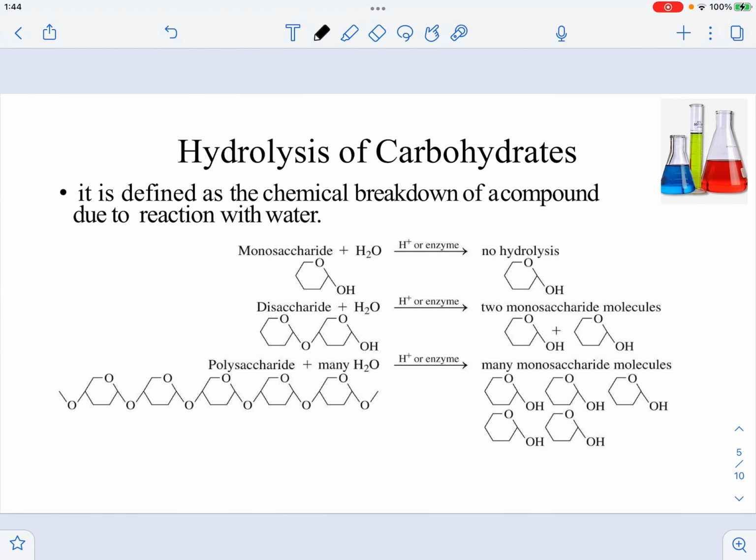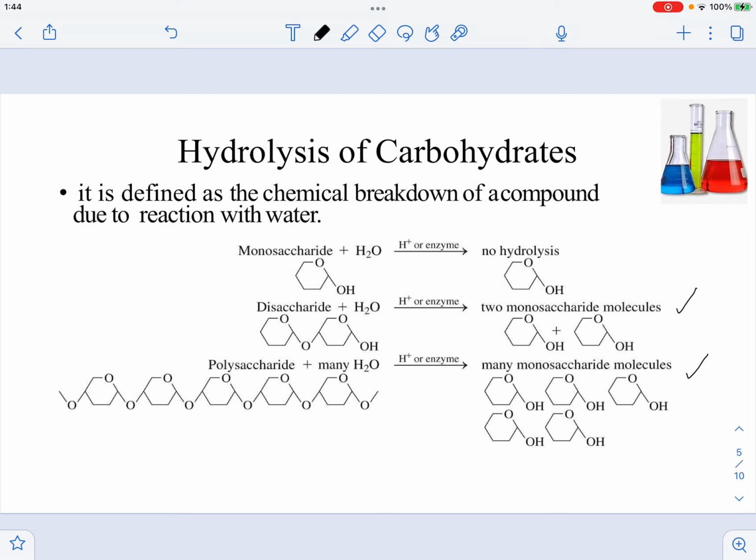It is important to note that when it comes to carbohydrates, specifically when it comes to breaking them down, only disaccharides and polysaccharides can undergo breakdown. What that means is that through the process of hydrolysis, which means cutting a molecule with water, a disaccharide is going to produce each one of the monosaccharides that make that molecule.